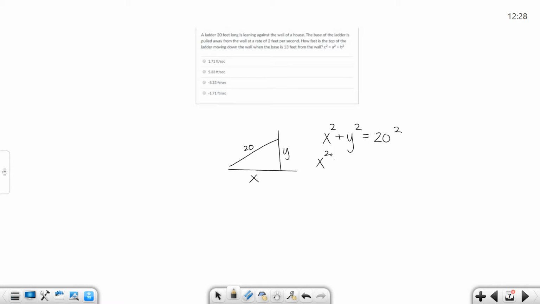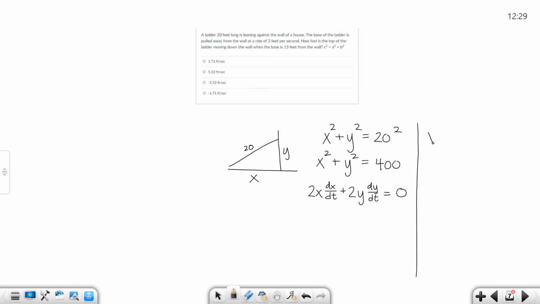So x squared plus y squared equals 400. Now when we get ready to take the derivative, we're going to have 2x dx/dt plus 2y dy/dt equals 0. The derivative of 400 is 0.